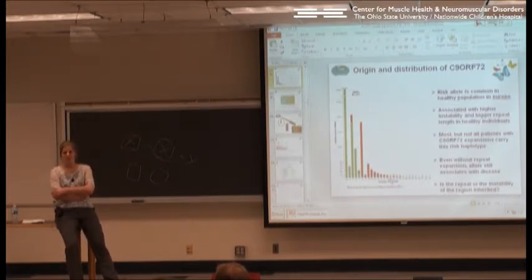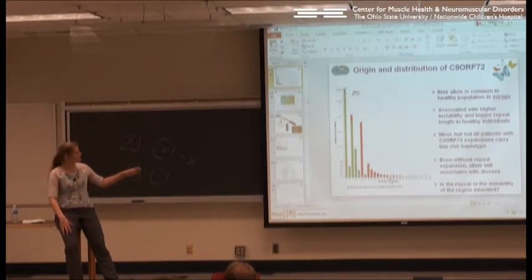Yeah, the risk allele is just determined by markers that are flanking the repeat expansion, and they've been shown to be common in ALS patients that have the expansion, plus in healthy individuals that do not have an expansion, but they might have bigger repeats per se. So it segregates with the disease. It seems like there is a certain type of allele that is the culprit of the disease, but it doesn't necessarily cause disease.